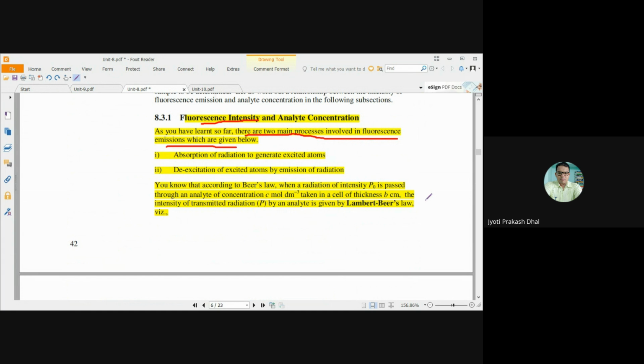The initial radiation has intensity P0, but the intensity of the transmitted radiation is P. The intensity of transmitted radiation P by an analyte can be given by the Lambert-Beer law.